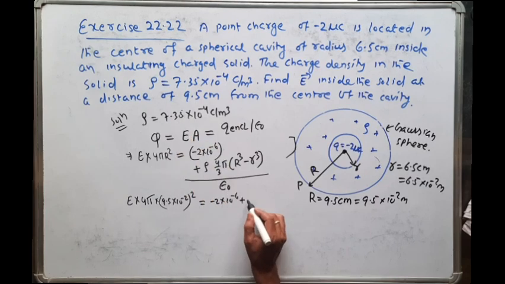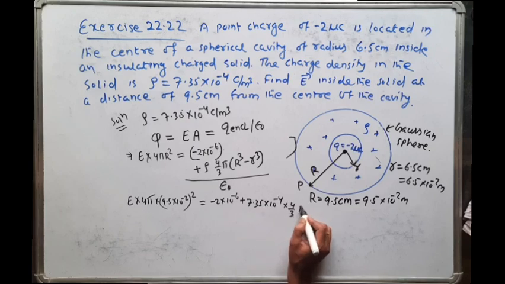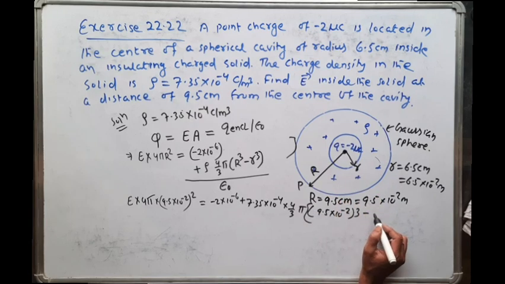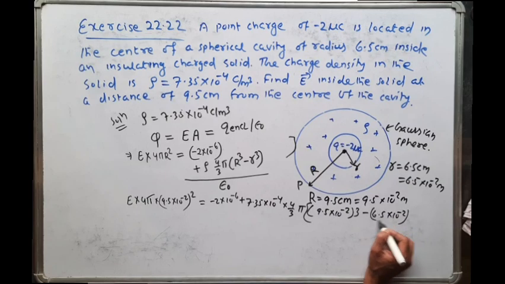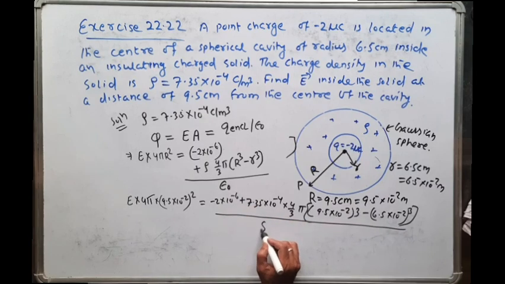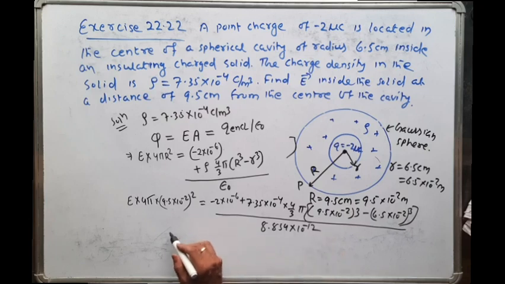Rho is equal to 7.35 into 10 to the power minus 4 into 4 by 3 pi, into R cube, where R is 9.5 into 10 to the power minus 2 whole cube, minus small r, 6.5 into 10 to the power minus 2 whole cube, divided by epsilon naught. What is the value of epsilon naught? 8.854 into 10 to the power minus 12. So this calculation you have to do using a calculator.